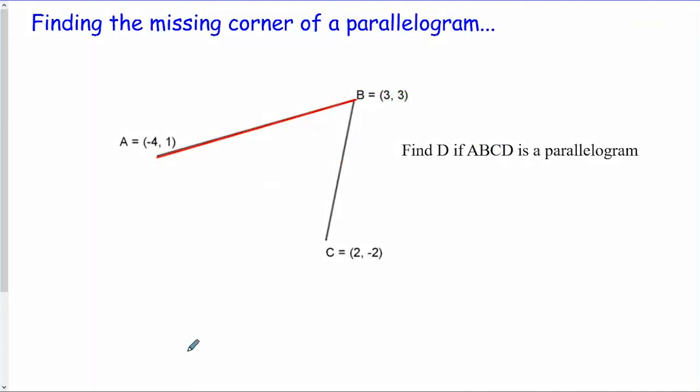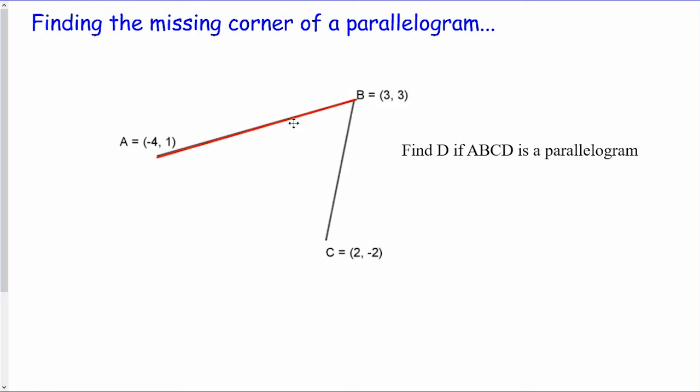The very last thing I want to look at is just finding the missing corner of a parallelogram. Right, so we're asked to find D if ABCD is a parallelogram. And I'm going to show you how easy this is to do. One might be tempted to say, well, let's have a point here, and that point would obviously be the intersection of these 2 missing sides of the parallelogram.